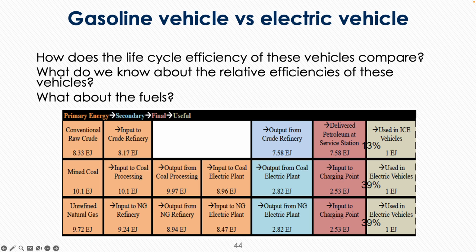So here, it's 7.58 exajoules going to 1 exajoule. So you lose a lot of energy in the combustion of gasoline into heat inside of your engine. And so we say, oh, a gas car might only be like 15 to 20% efficient. And someone would say, well, an electric car is like 90+% efficient.